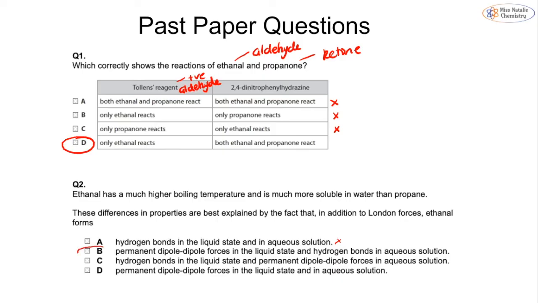So our answer is actually B, but let's just double check the others. Again, we can make hydrogen bonds in the liquid state because the ethanol can make hydrogen bonds with itself. And the permanent dipole-dipole forces for D are present in the liquid state, but that does not tell you why it's soluble in water. That can only be explained using hydrogen bonds the ethanol makes with water. So our answer here has to be B.